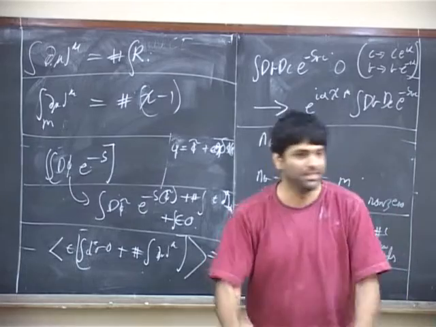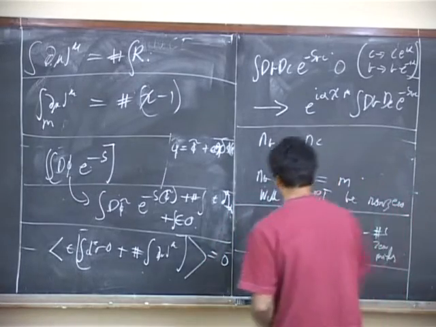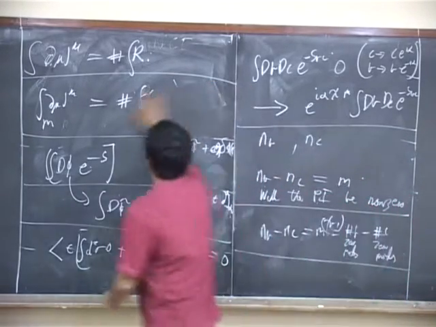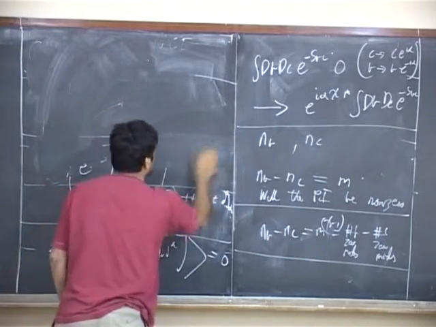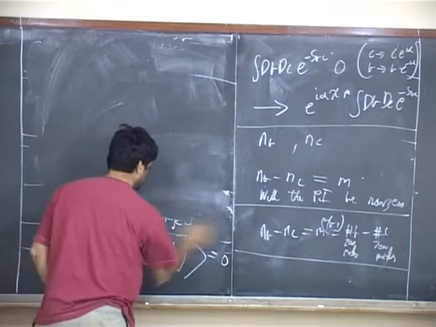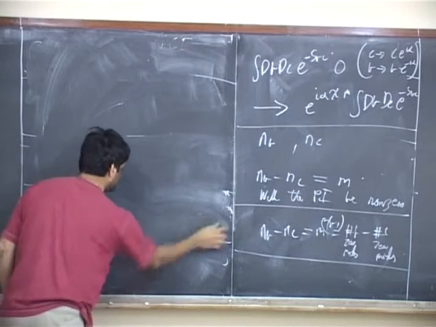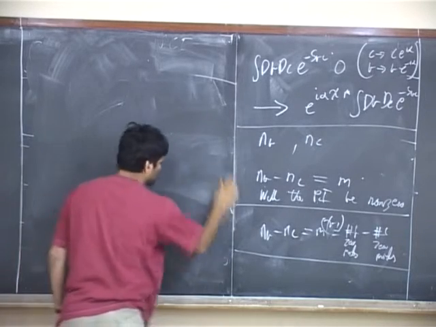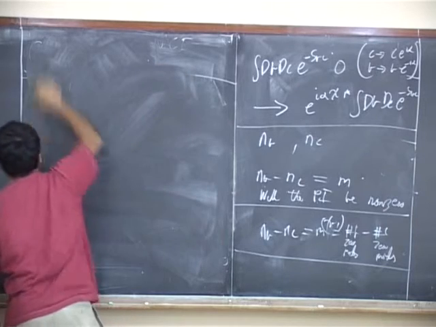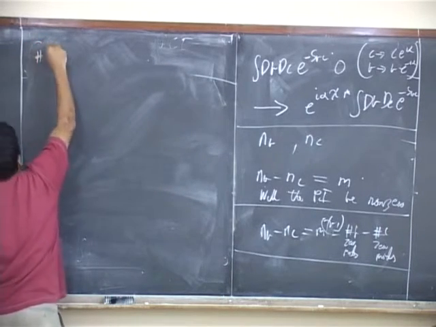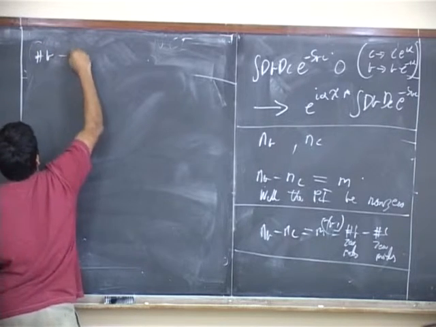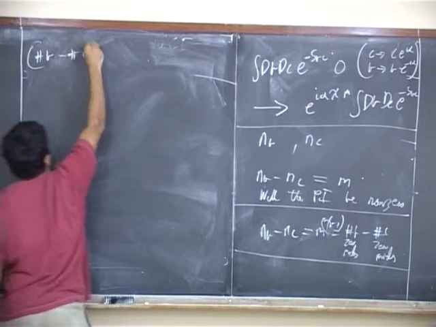Kuczynski's worked it out, so you can read it. Okay. And the answer turns out to be the number of B0 modes minus the number of C0 modes.